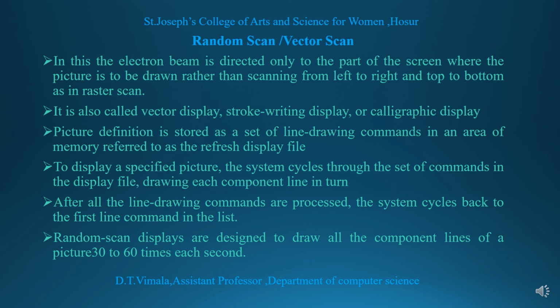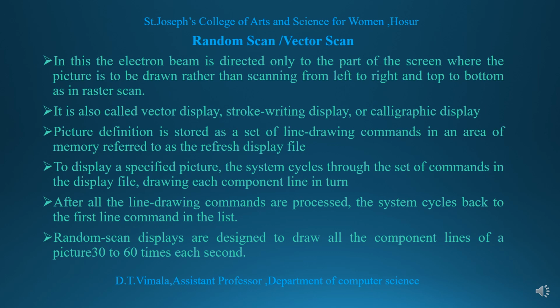To display a specified picture, the system cycles through the set of commands in the display file, drawing each component line in turn. After all the drawing commands are processed, the system cycles back to the first line command in the list.